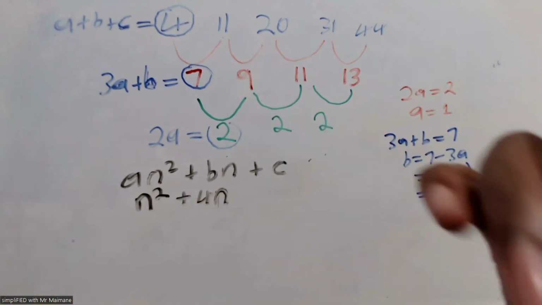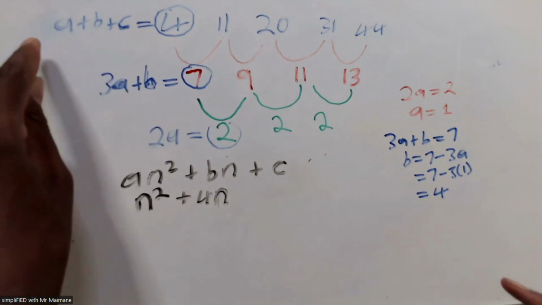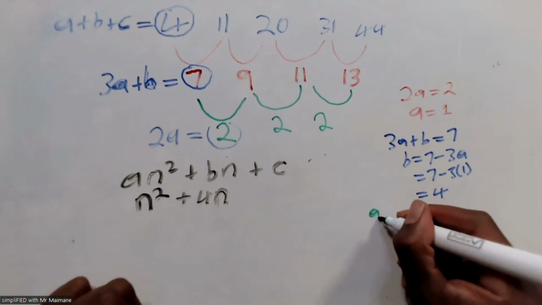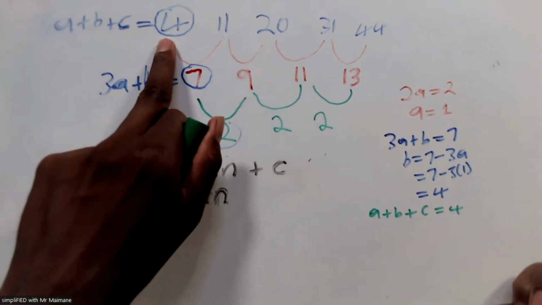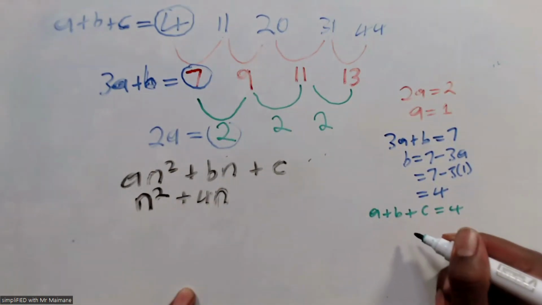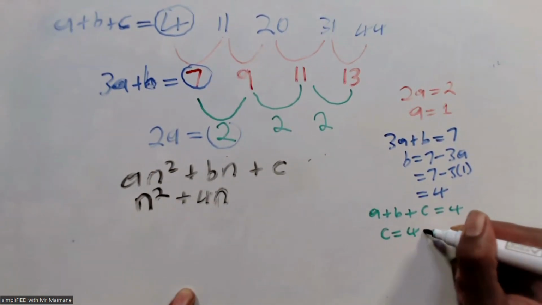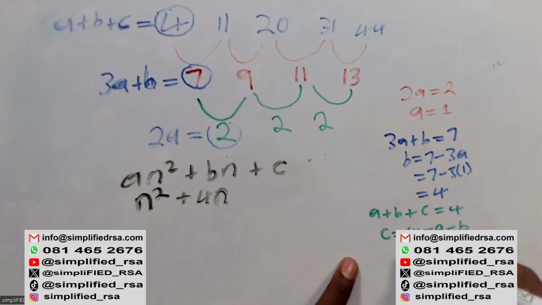Now, I just have to find the value for c using this. Finding the value for c, I will then say a plus b plus c is equal to 4 according to this. Remember, this is given like that. And I would say c is equal to 4 minus a minus b if I take everything to the other side.